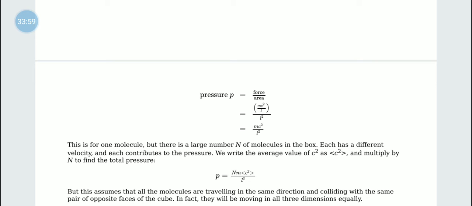So the pressure equals, now we multiply mc squared upon L cube by capital N, the number of molecules, to find the total pressure. P equals capital N m, then the average of c squared, divided by L cube.